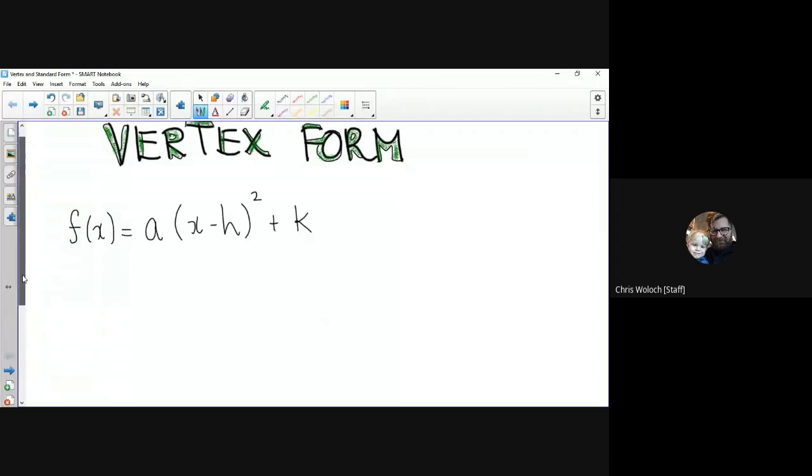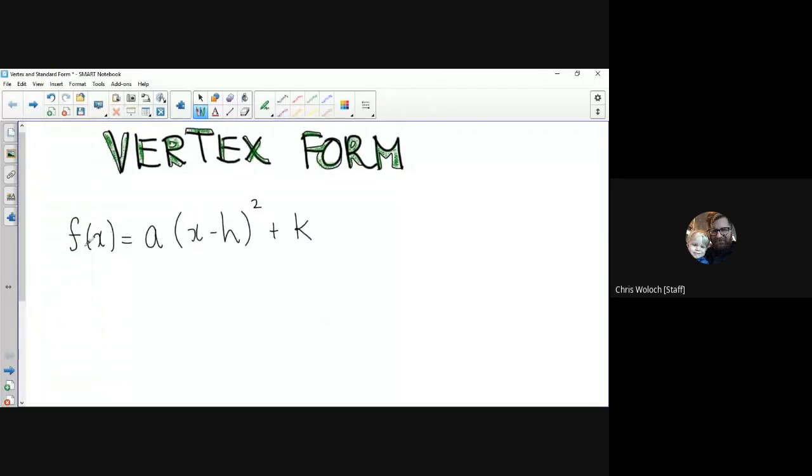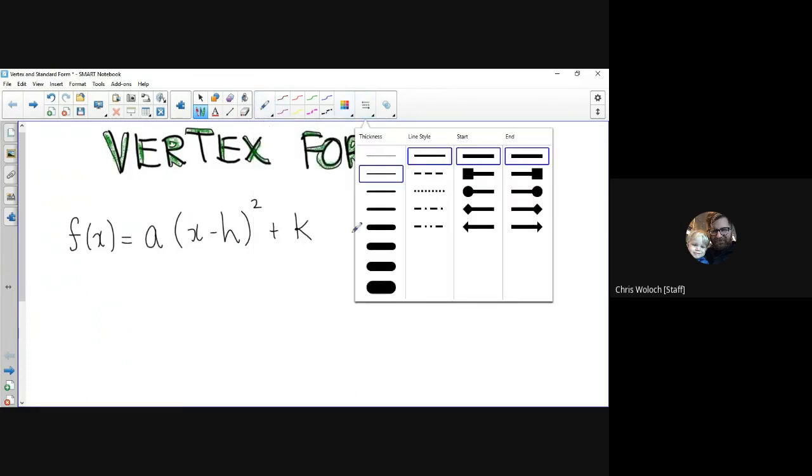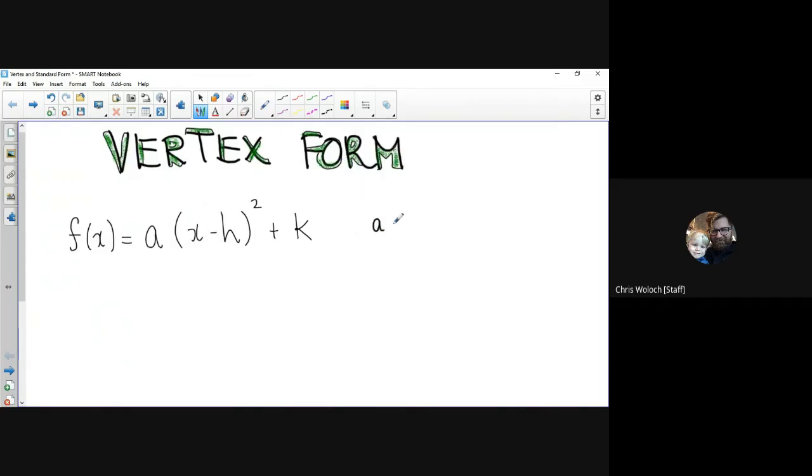So first off, vertex form. You remember the vertex form is written in this way, and hopefully we remember what all those variables mean. For example, we know A is the vertical stretch or compression.